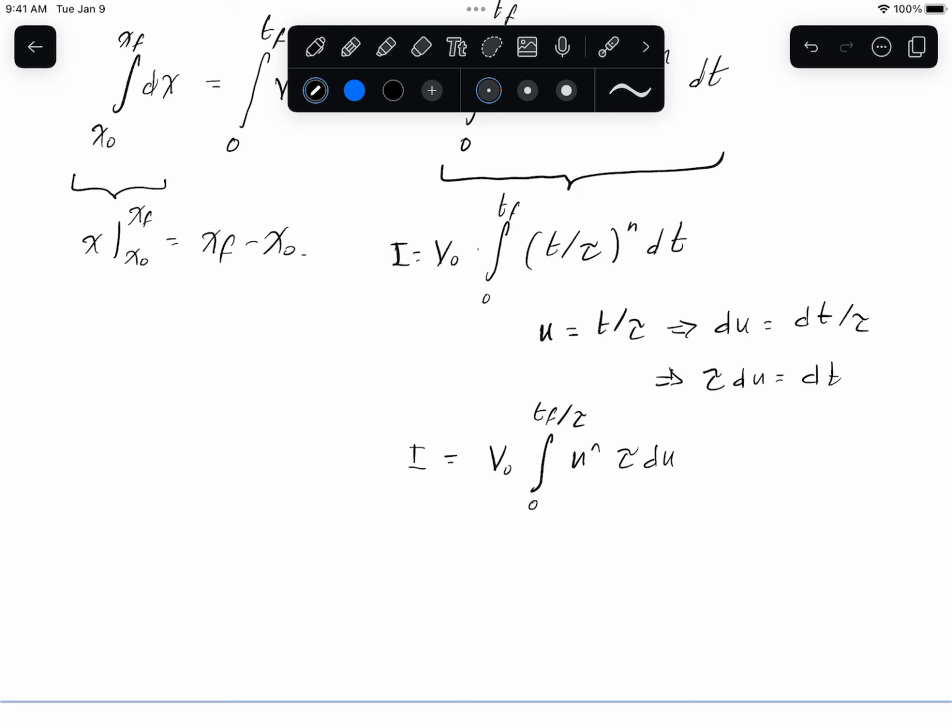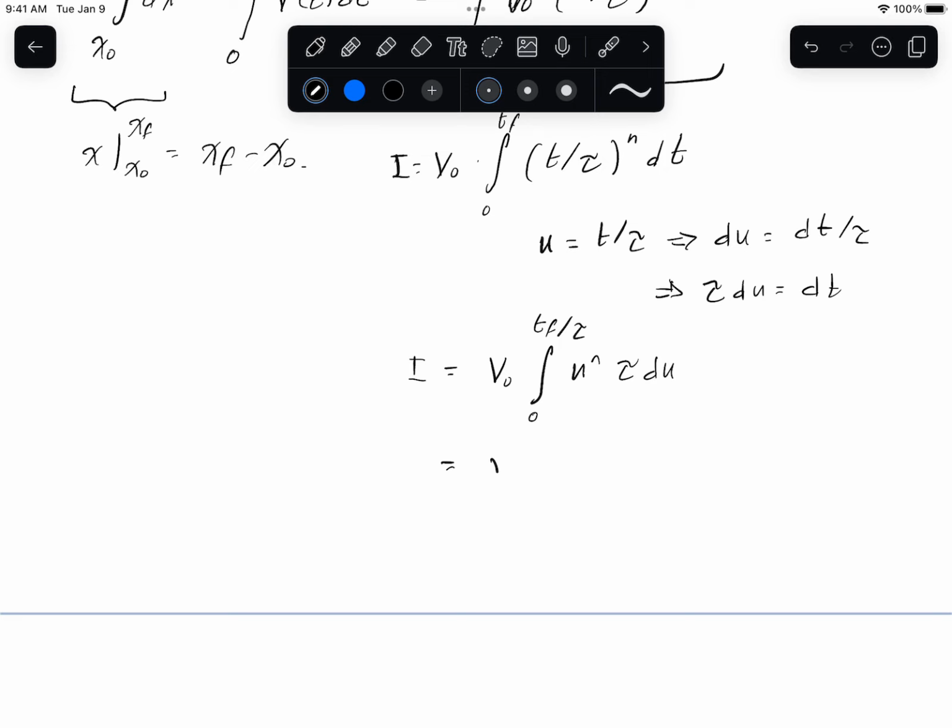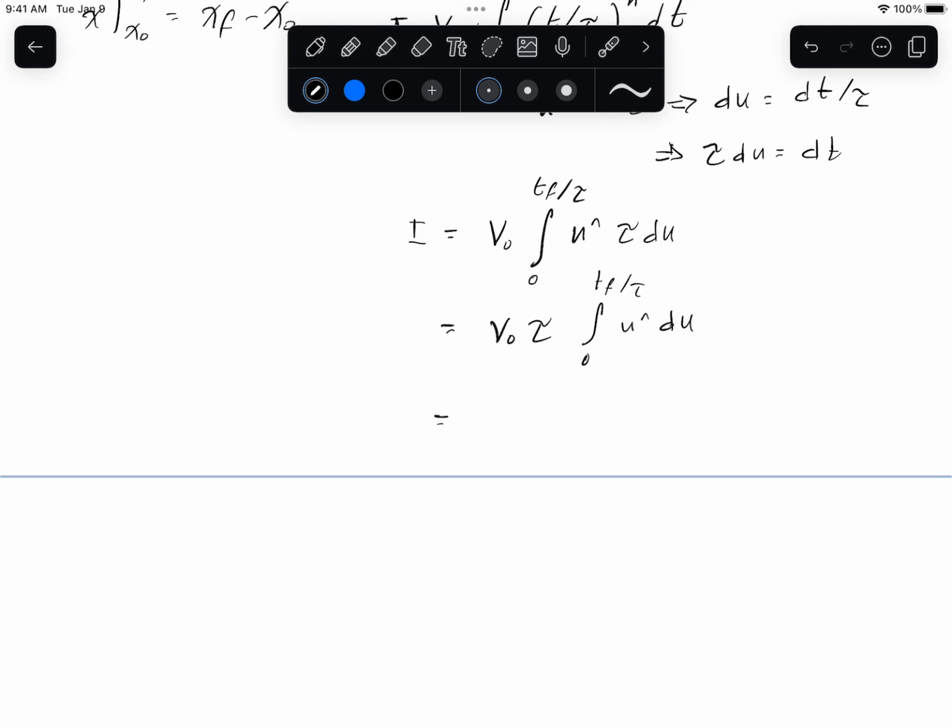Okay, so now I have v naught. I'm going to bring out the tau, right? And I have the integral from 0 to tf over tau of u^n du. And this is an integral that I know how to do. The way that I usually do these integrals is that I know this is going to look something like u to the n plus 1.